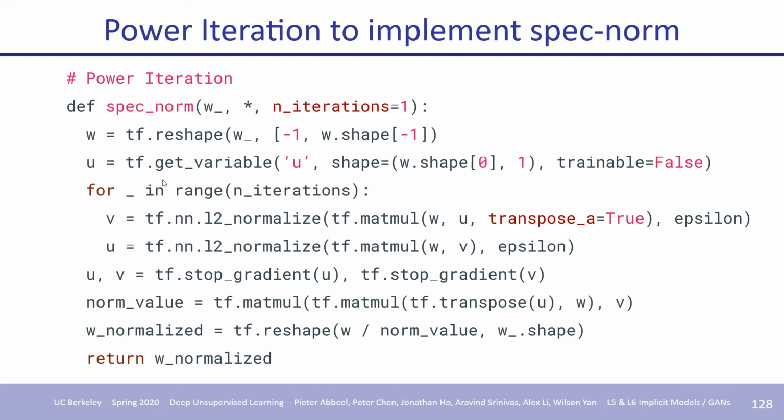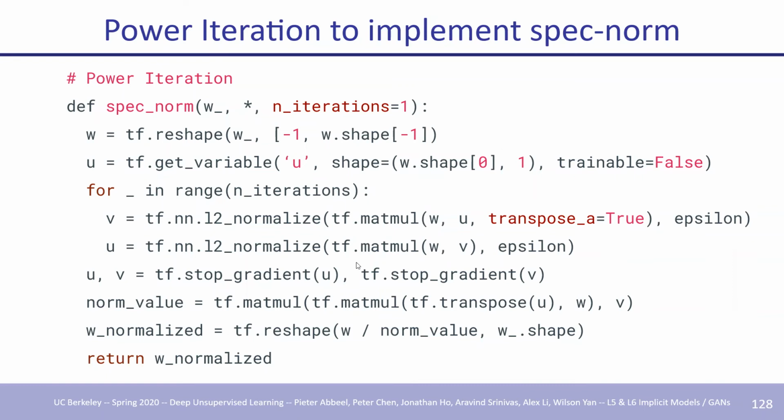Here we have V and U, and W underscore becomes W, and you have the U here. So you multiply W by U, and then you put it into V, and then you take V and something is transposed. Then you take W and multiply it by V.